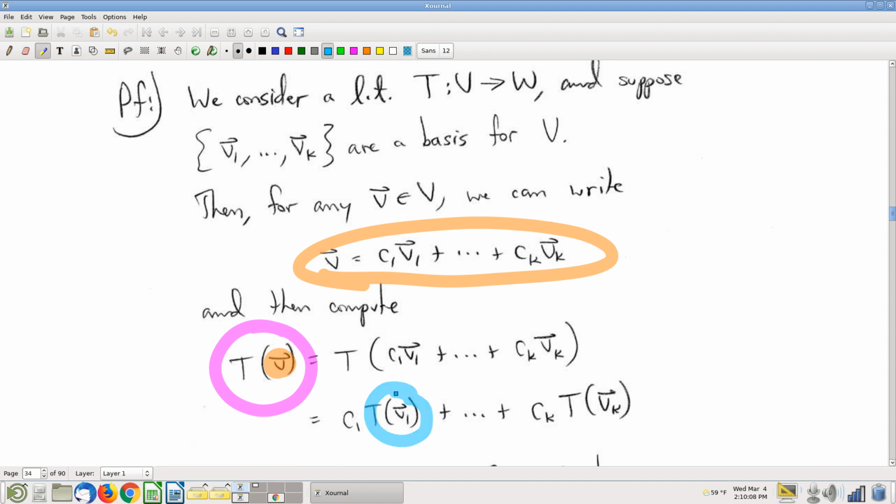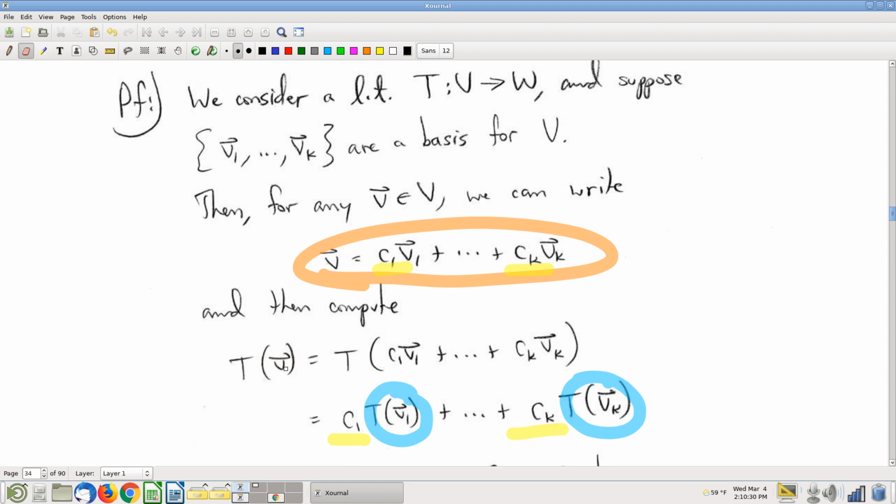Because I've been given the images of the basis vectors from the very start. I was given this handful of values. Simply knowing these coefficients gives me everything else that I need to be able to compute T completely. This is kind of shocking. It's as easy as that.